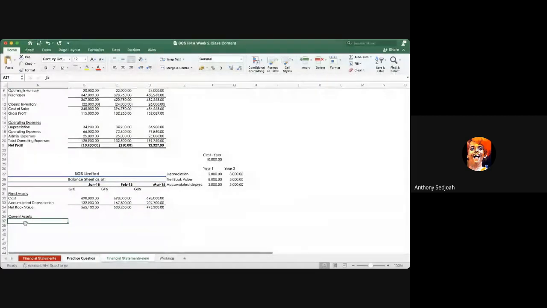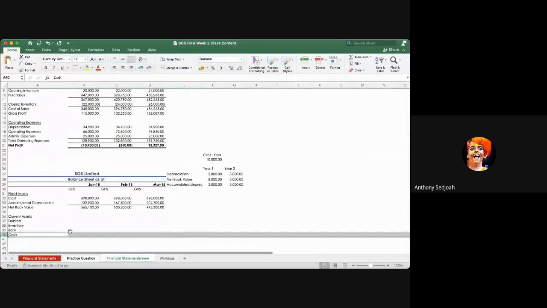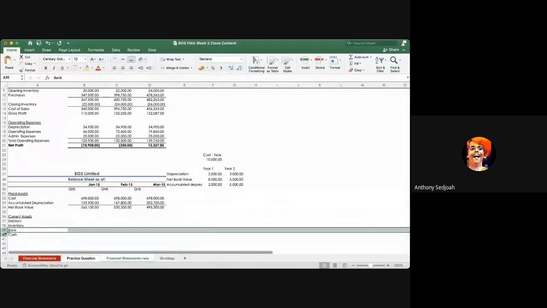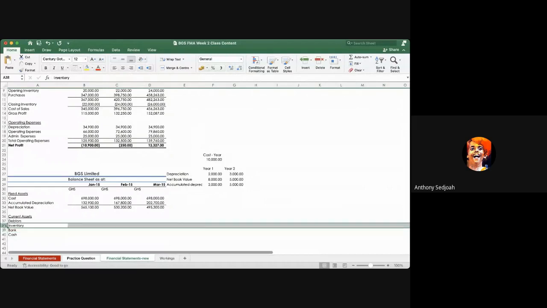So it's usually like this: debtors and inventory, bank, and then cash. So you see that cash is already cash. And then money at bank, if we want to convert our money at bank to cash, we just have to go to the bank and make a withdrawal, or we go to the ATM and make a withdrawal. Inventory too is not cash, but if we want to convert our inventory into cash, we just have to sell them.